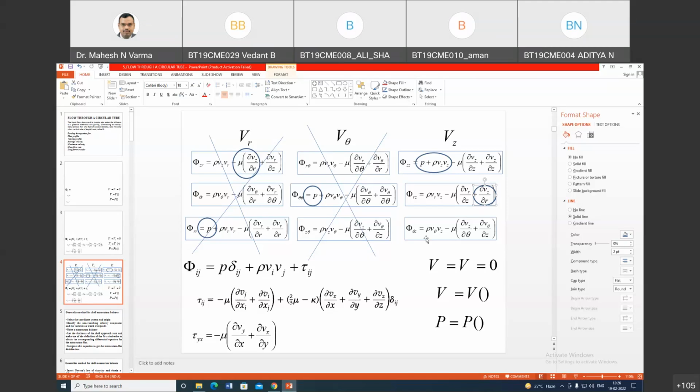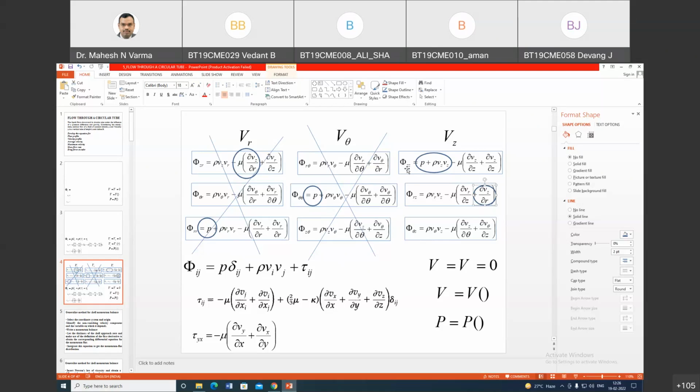So z varies from 0 to L, the total length of the pipe. Theta varies from 0 to 180 degree, the total value of theta, and only r varies, starting at any value r and ending at r plus delta r. So what will be the perpendicular surface area to phi zz? Roll number 58, Devang.